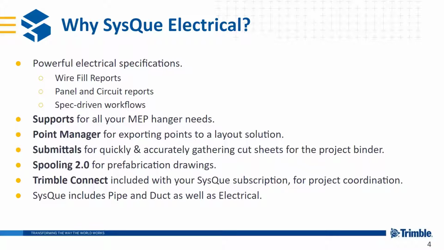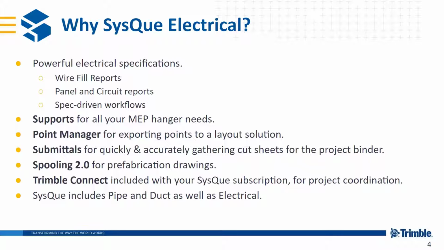Along with what you get for the electrical functionality, you also are able to do supports for your MEP hanger needs. You can lay out points for exporting out to a Trimble total station or any other robotic total station. You can quickly package submittals. Like I mentioned, all of our content comes with PDFs attached to them. You could package that up in a submittal package and send it out the door in no time flat.